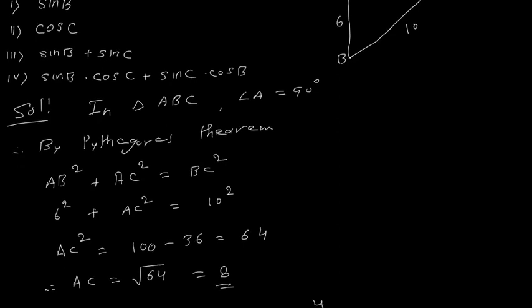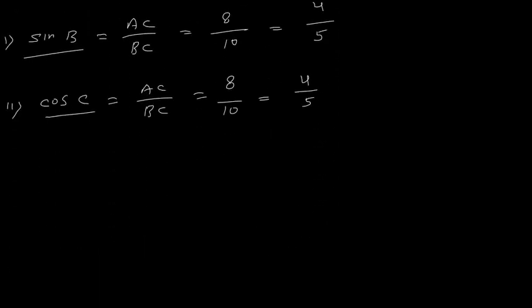Now sin B plus sin C. Third, we have to find sin B plus sin C. The value of sin B is AC upon BC, and the value of sin C will be the opposite side AB upon BC.